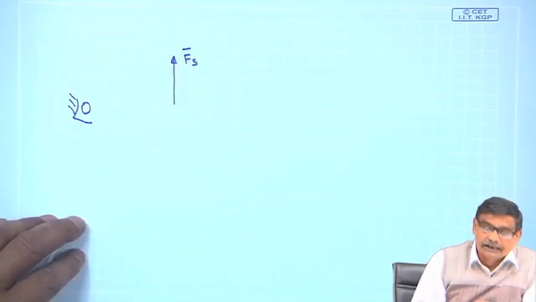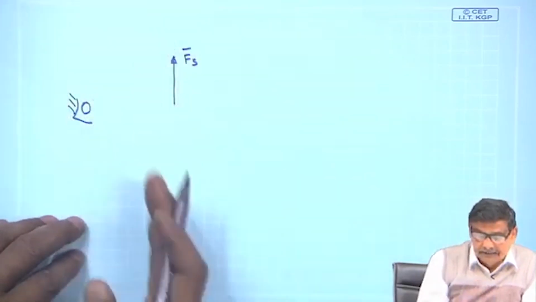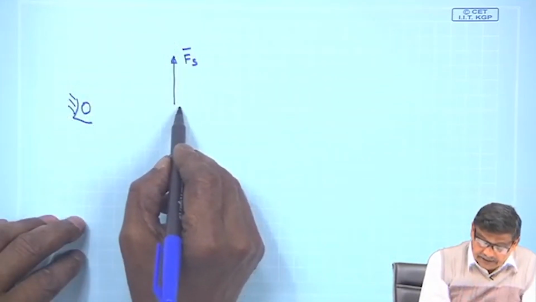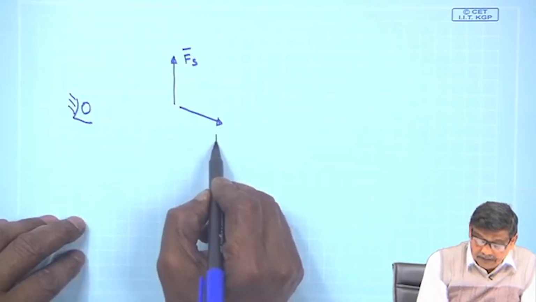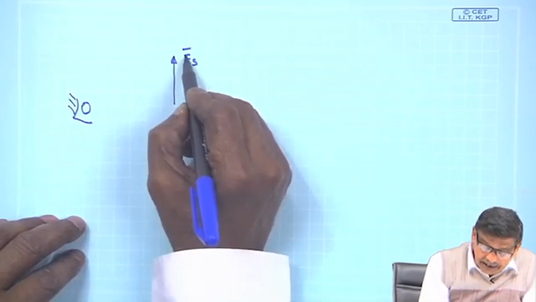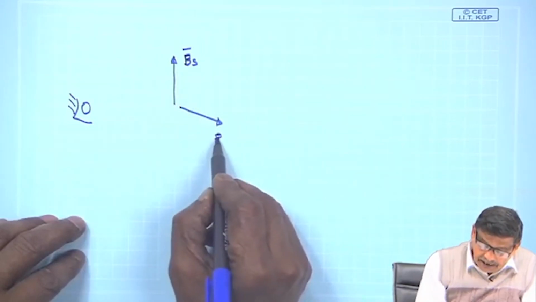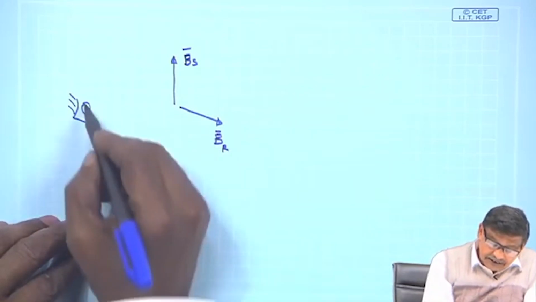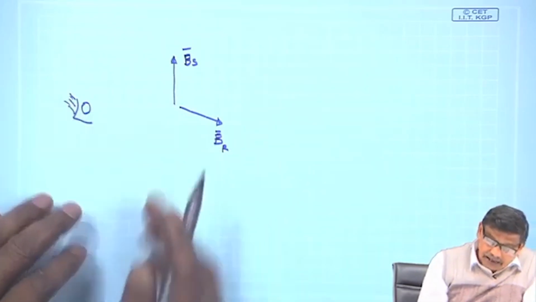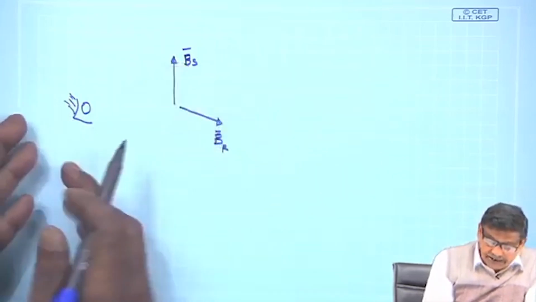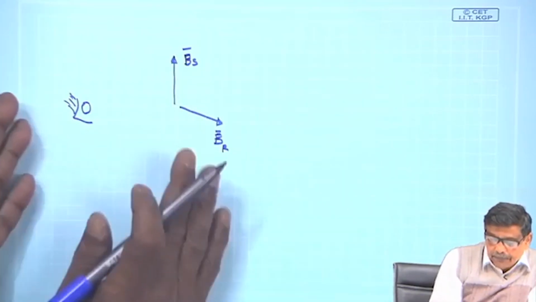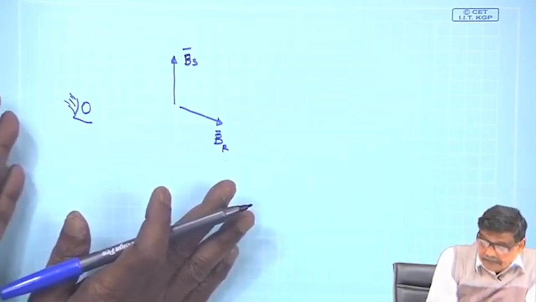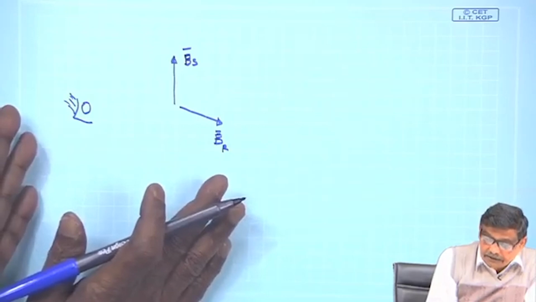If this is your stator field just by a single line, and if this is your rotor field, write B S, write B R, for the stationary observer, and if both of them are stationary, the stationary observer will be happy, this machine can produce a steady electromagnetic torque.